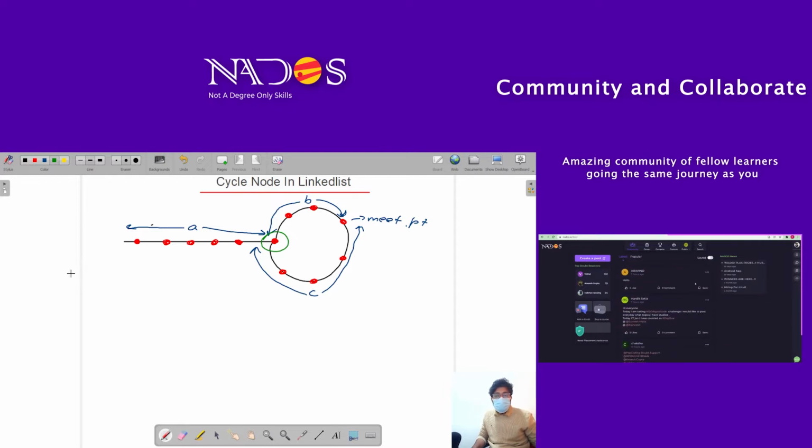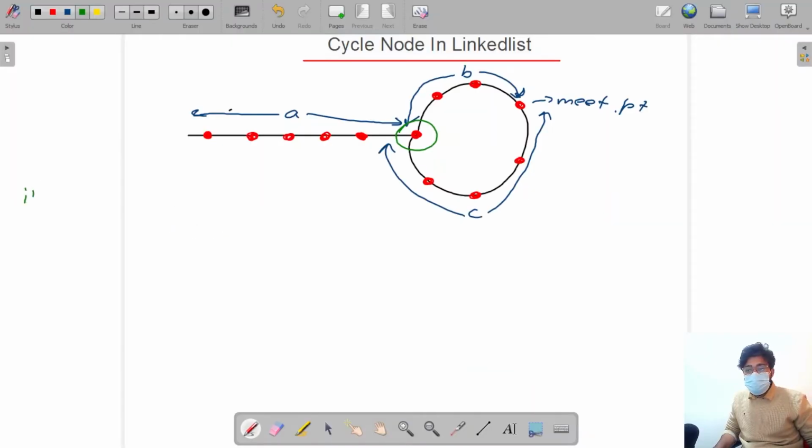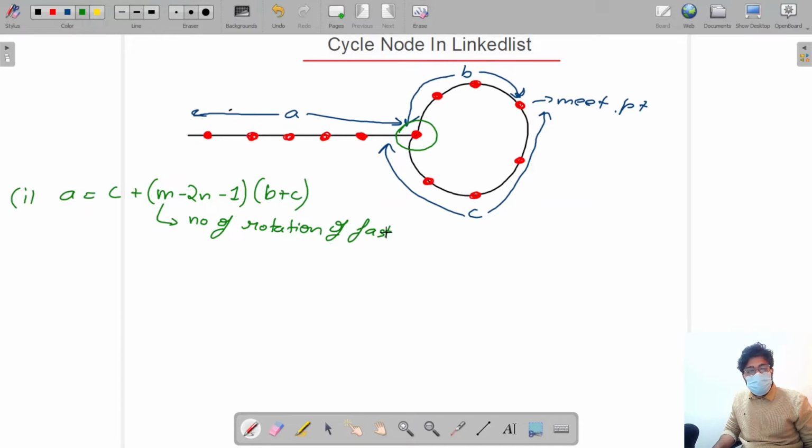So if you remember from the derivation, first is the formula, which was A is equal to C plus (M minus 2N minus 1) times (B plus C). What was M here? M is the number of rotations of the fast pointer before the meeting point, and N is the number of rotations of the slow pointer before the meeting point.